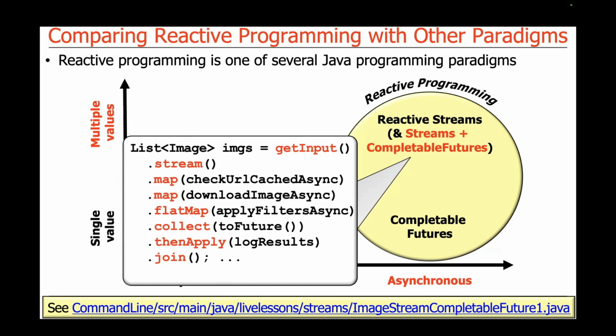Once they're finished downloading, we asynchronously filter them to do data transformations on the contents of the images. We collect those into a single completable future. And when everything is done running asynchronously, we then go ahead and log the results. So that's how you can combine these things. Not for the faint of heart, but once you get the hang of it, it's pretty cool.